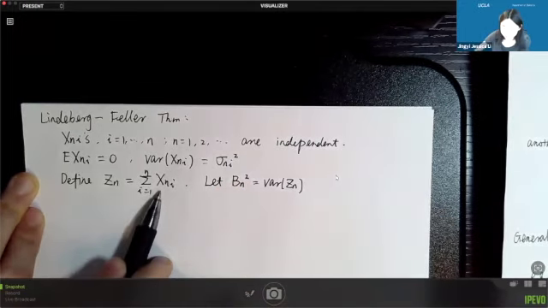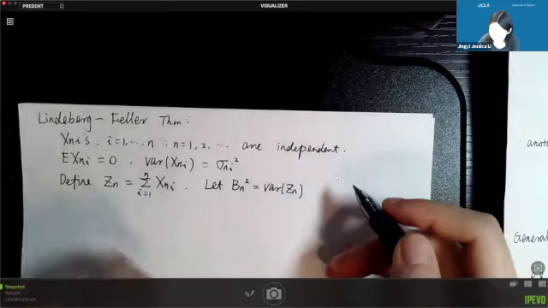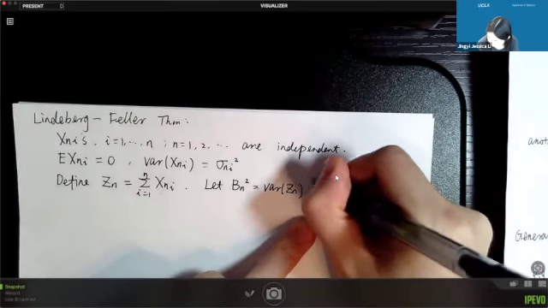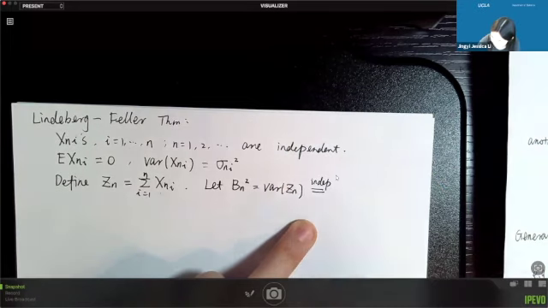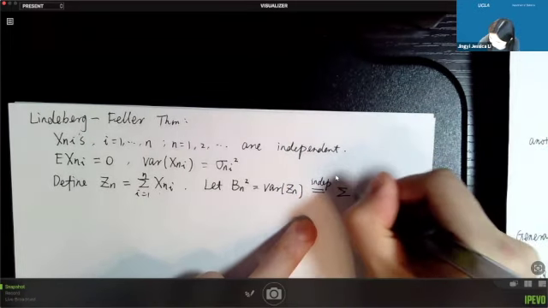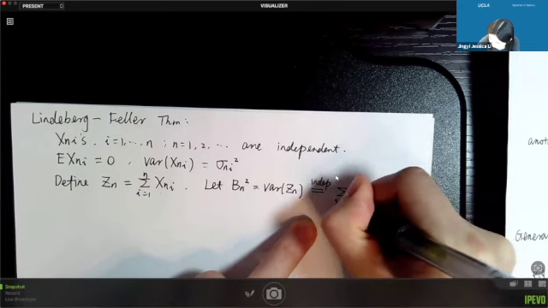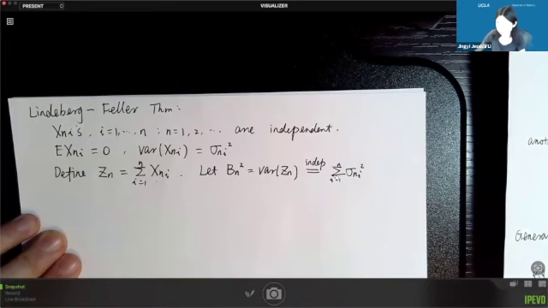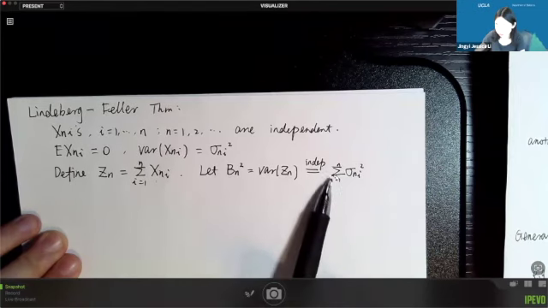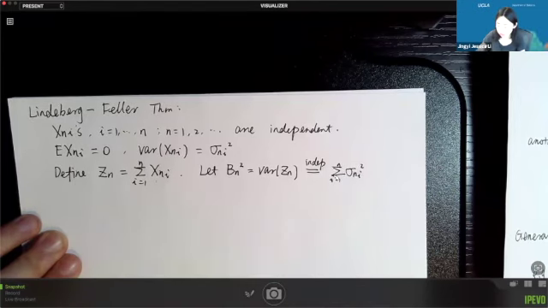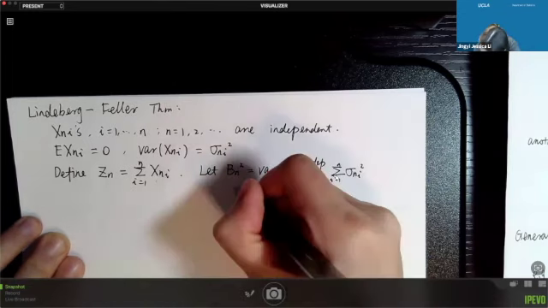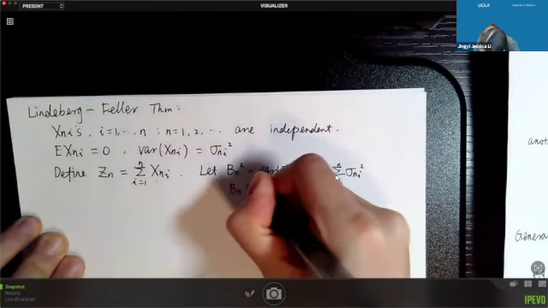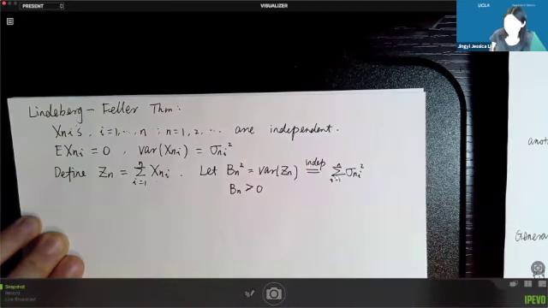By independence, which gives us the nice result, this is just the summation of sigma ni squared, i from 1 to n. That's Bn squared. So you can see that we define it using the square notation. So when we say Bn, then Bn is the positive square root of that, and that denotes the standard deviation of Zn. So Bn we define to be positive, because there could be two roots.